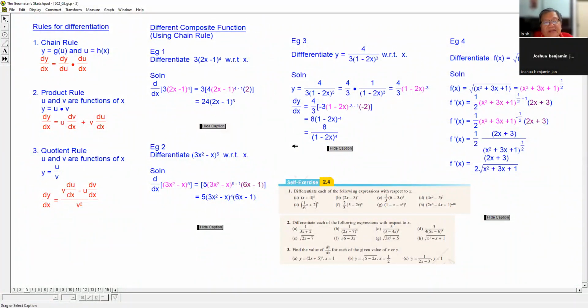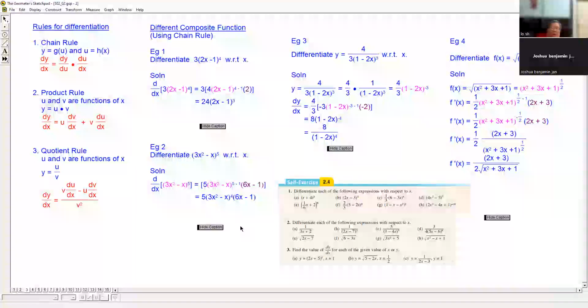So this is the answer already. Cannot simplify anymore. Answer is 5 bracket 3x squared minus x raised to the power of 4, then multiply with, don't add, multiply with 6x minus 1. Differentiate 2 times. Chain rule. Any question?